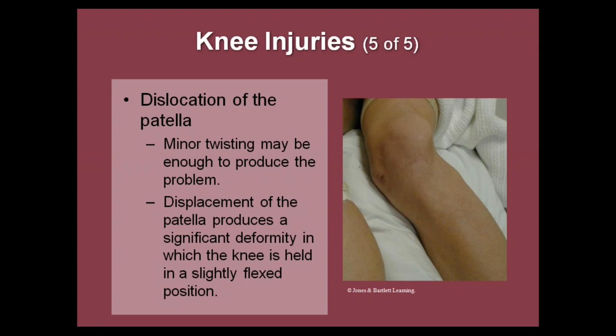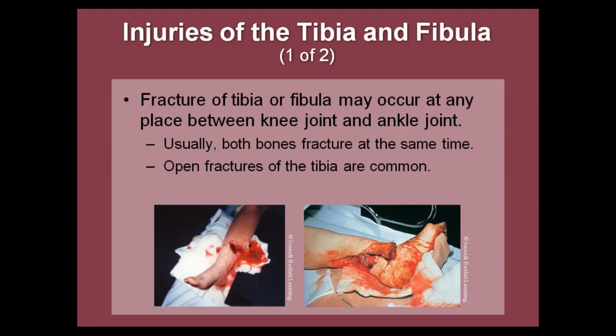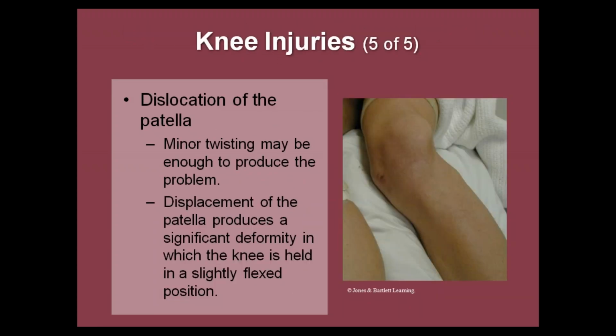Dislocations of the patella, which could end up with that ruptured tendon. Minor twisting may be enough to produce the problem. Displacement of the patella produces a significant deformity in which the knee is held in a slightly flexed position. That's all kinds of ow.